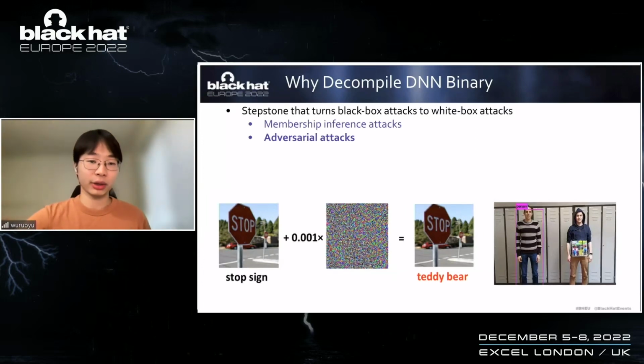Adversarial attacks are huge threats to DNN models deployed on edge devices. If the attackers can acquire the DNN model, they can know the internal information of the DNN and conduct white box attacks, which are more efficient and effective than the black box counterpart.